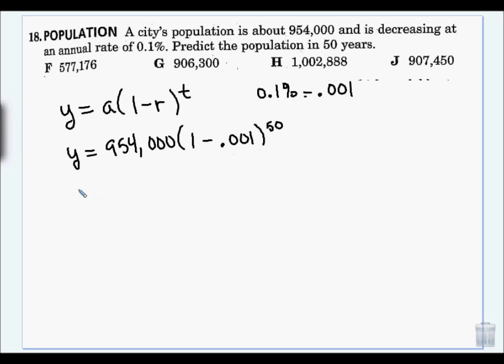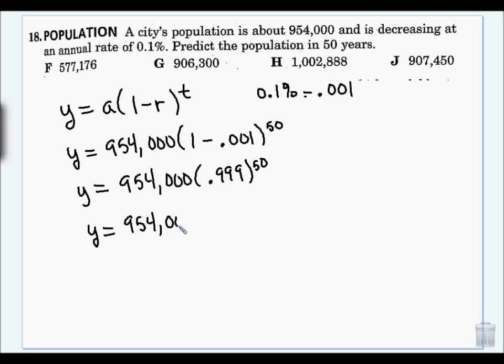And we've got 50 years. So it's 0.999 to the 50th. So we are going to have 907,450 people in 50 years.